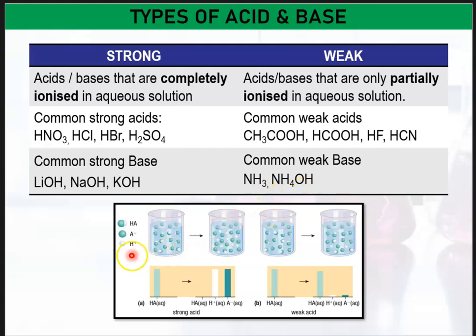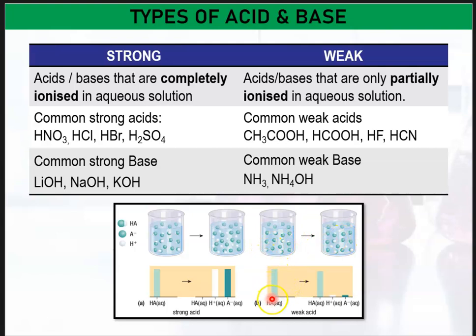So if you look at this example, if you have 1 molar of HA, all molecules will dissociate. H will separate from A. We will get 1 molar of H and 1 molar of A. But for weak acid and base, it is just partially ionized.